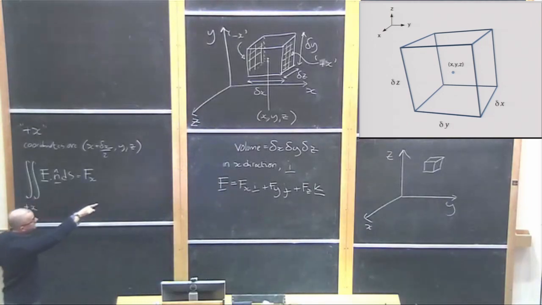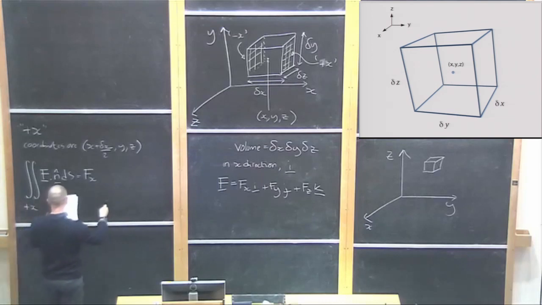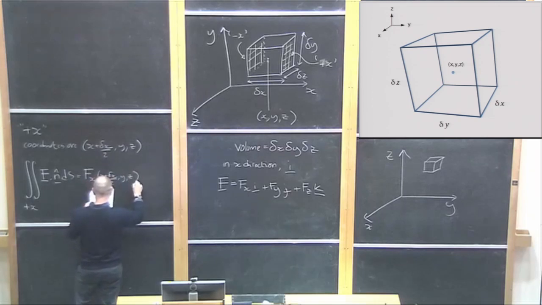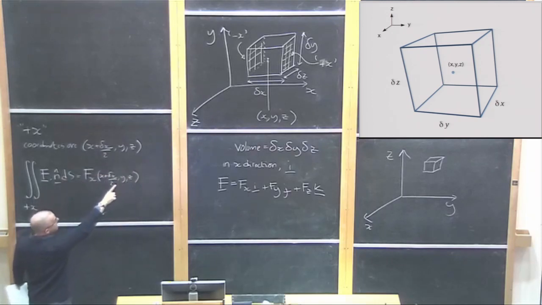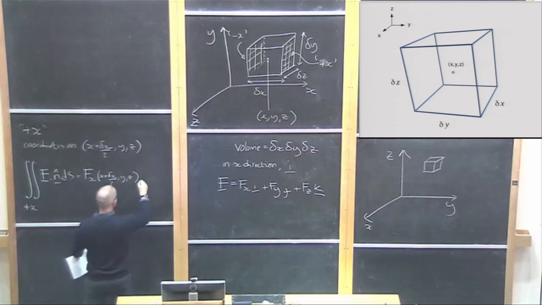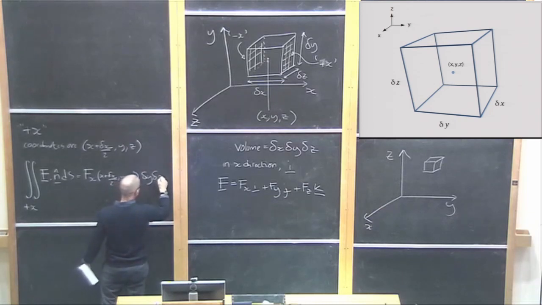We're dot producting that with the unit vector in the x direction, which is i. So this is just the value of the x component of the vector field at the coordinates x plus delta x over 2, y, and z, multiplied by the area of the plus x face. And if you look at this diagram, you'll see the area of the plus x face is delta z times delta y. Delta y, delta z.